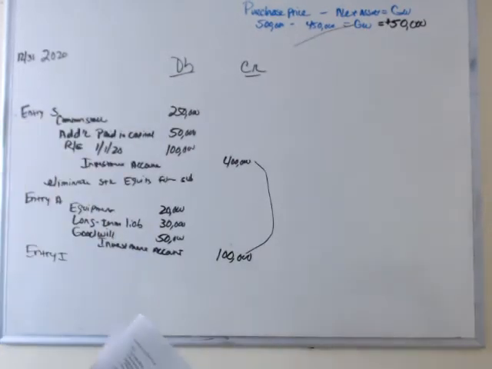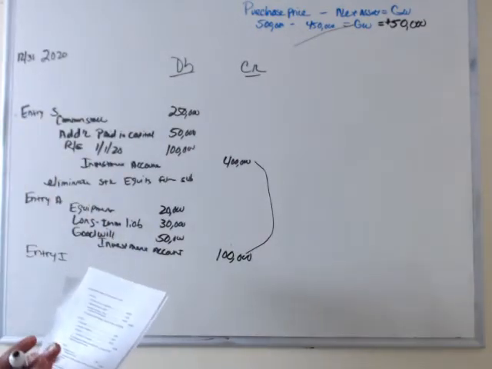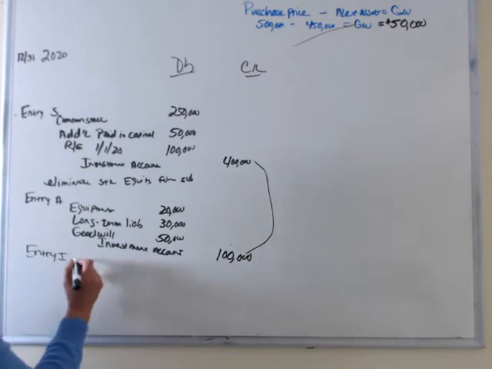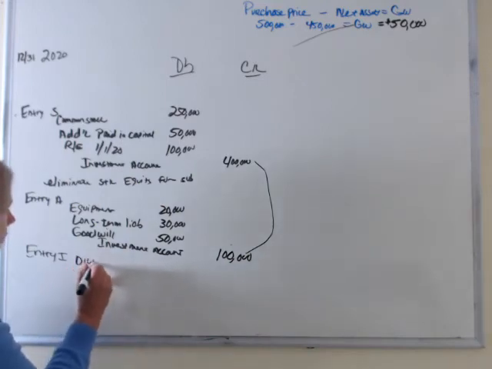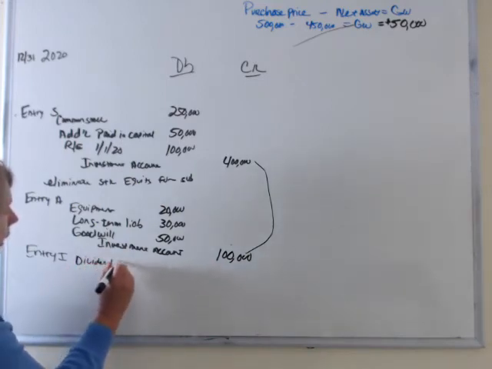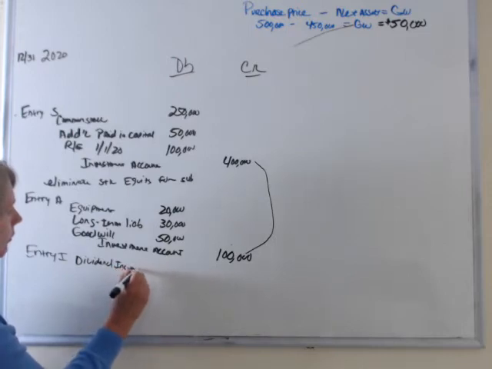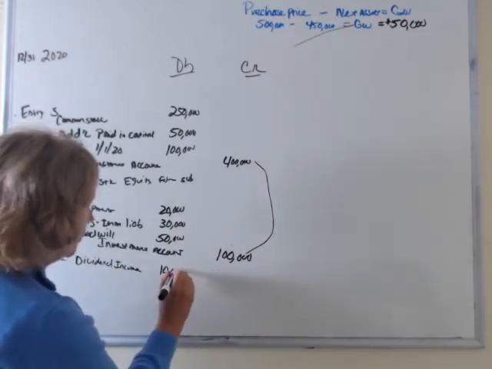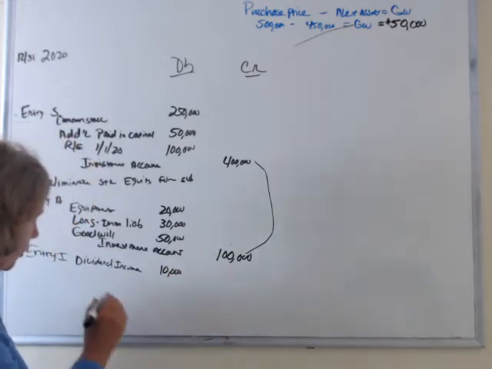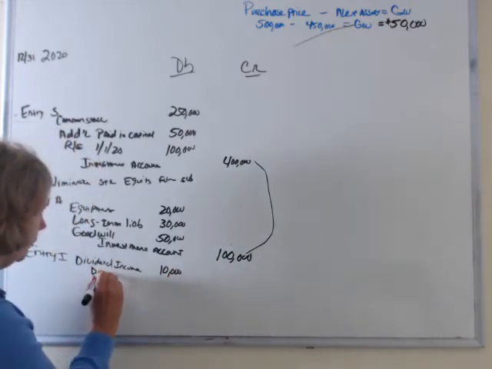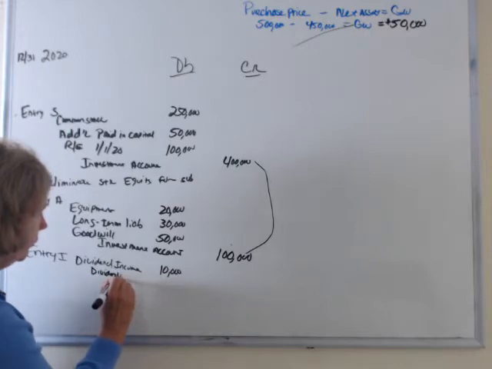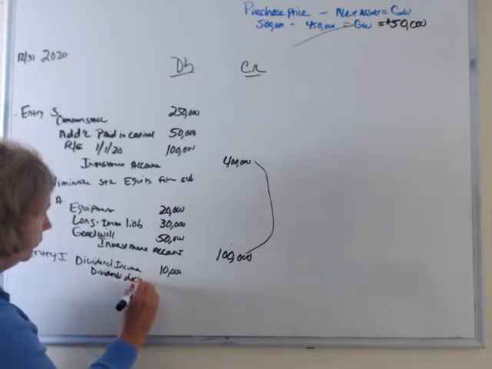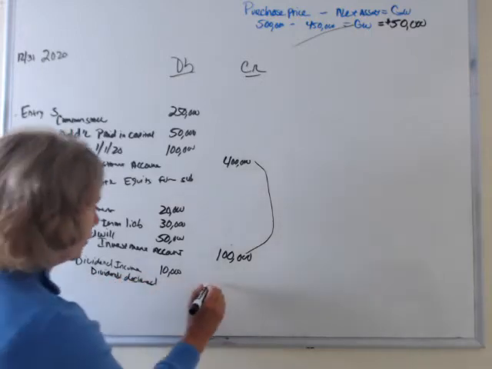So entry I, we're going to eliminate our entry, we're just going to reverse it. So now we're going to debit dividend income, and that is $10,000. And then we're going to credit dividends declared, also 10,000.